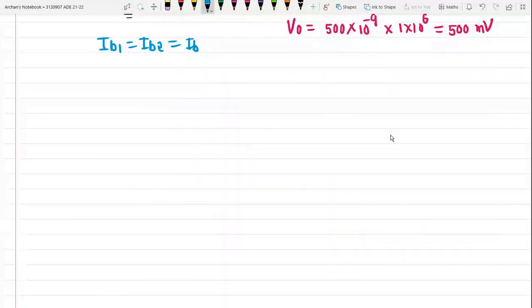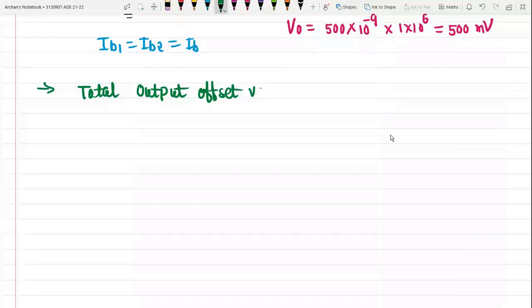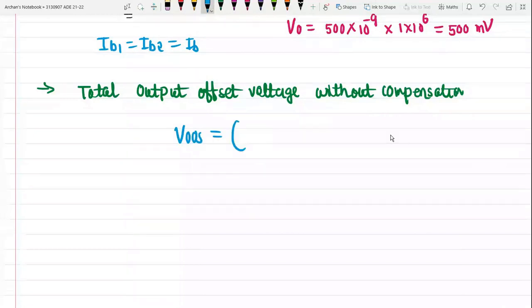In that case we will have some output offset voltage, and the total output offset voltage without any compensation is given by VOOS equal to (1 plus RF by R1) into VIOS plus IB times RF.